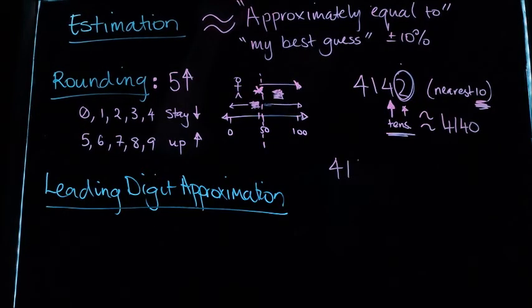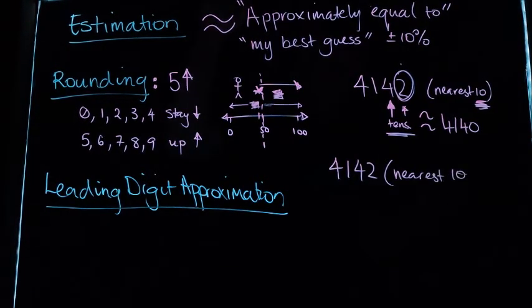Okay, so let's use the same number. Now we've got different instructions. We say to the nearest 100. So find the column that's holding the place value for the hundreds. We've got a 1 there. This is the only digit to consider that is immediately to the right of the hundreds column.